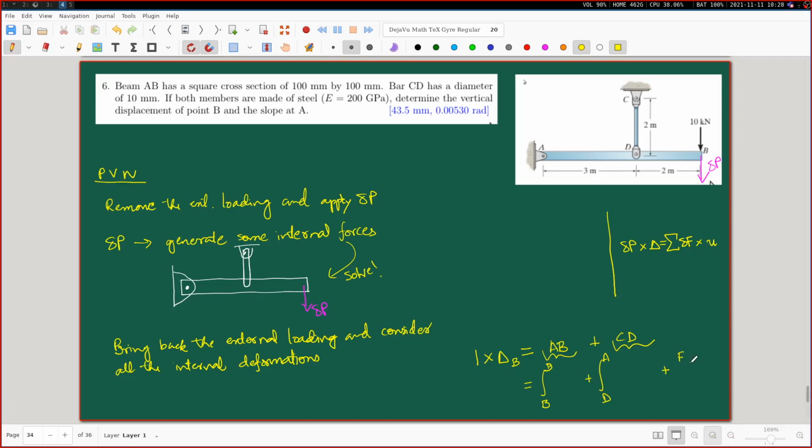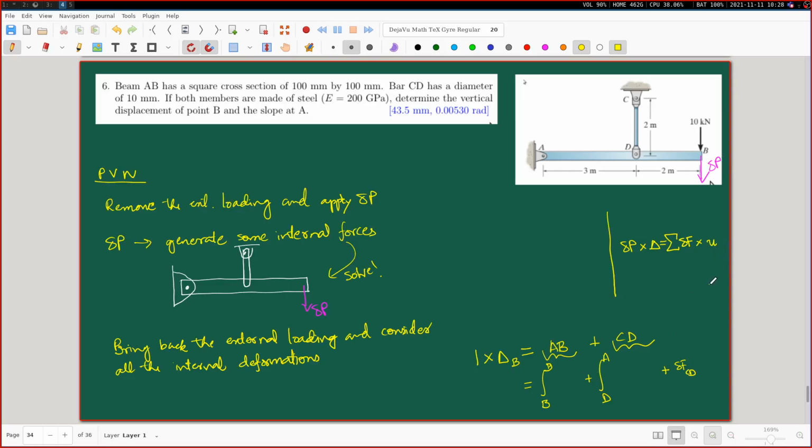It is simply going to be, so I want you to write an expression like this. This delta F is in response to this delta P. So let that be some delta F CD. But what about this U?